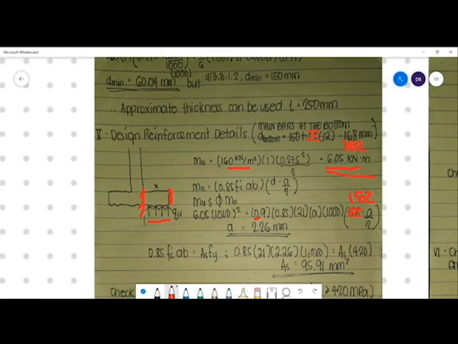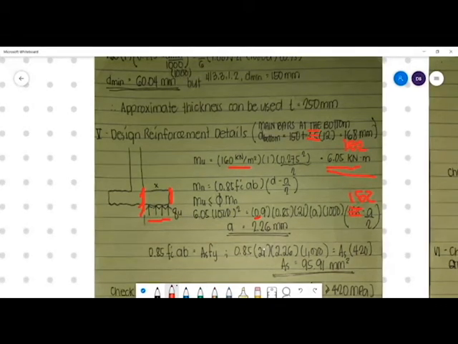Okay? So we have the value of a equal to 2.34 millimeter.